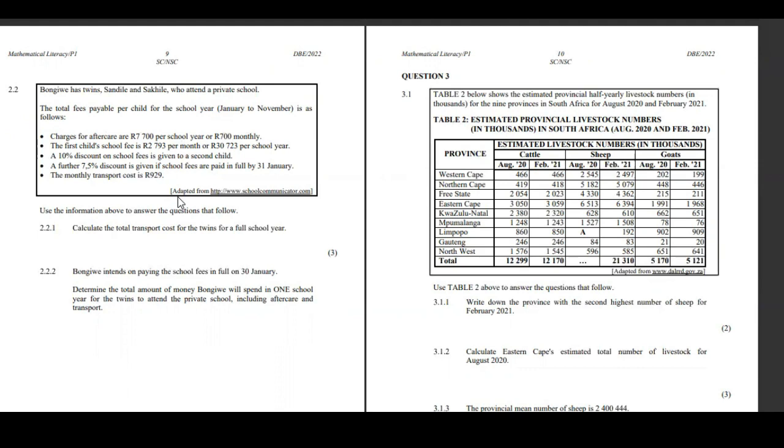So here we go. They said the total transport cost for the twins for the full year. Look here, they said charges after care. This is per... Okay, then for the first, now here they mixed. Definitely you have a discount if you have more than one child. So they give you a certain discount here.